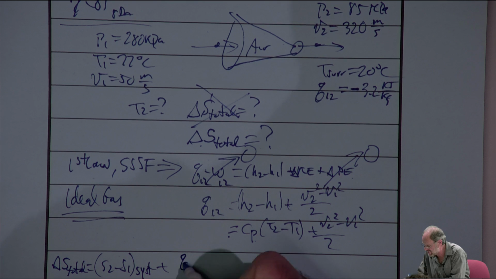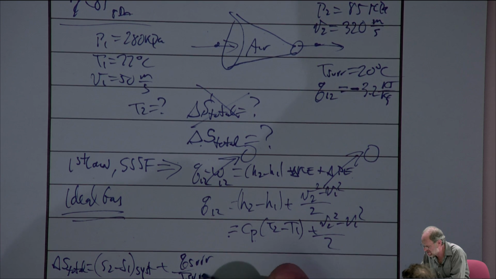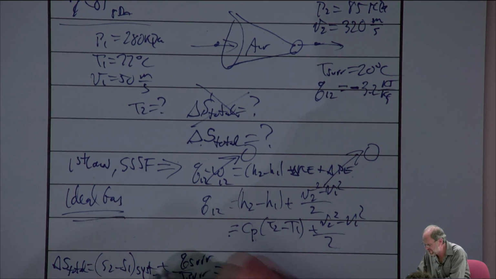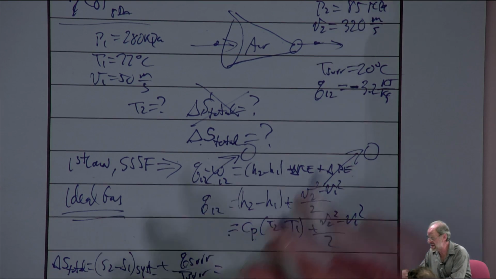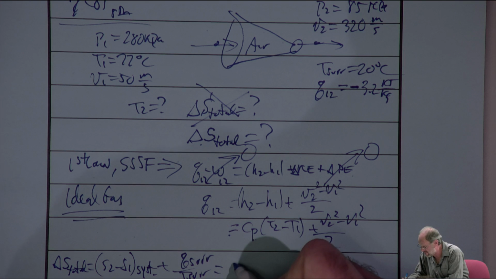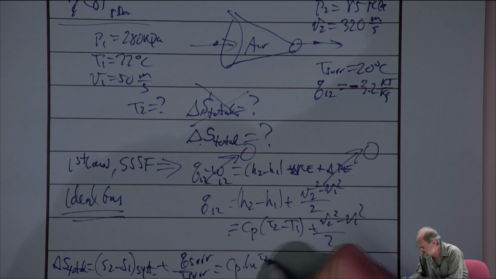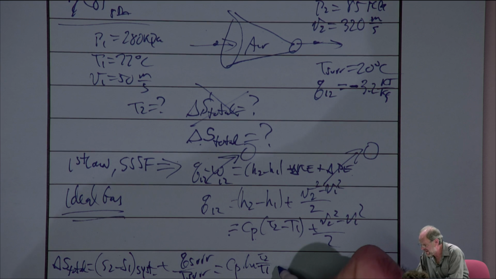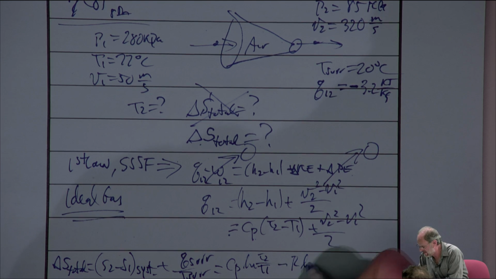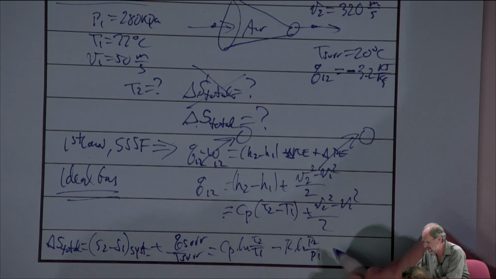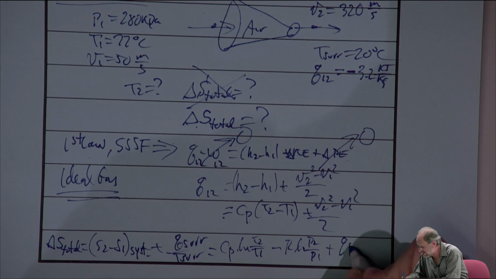Keep in mind that for the surroundings, it's Q surroundings over T surroundings. So for the system, again, it's that latter equation. So I just get Cp times the natural log T2 over T1, and then minus R natural log P2 over P1, and then plus Q surroundings over T surroundings.